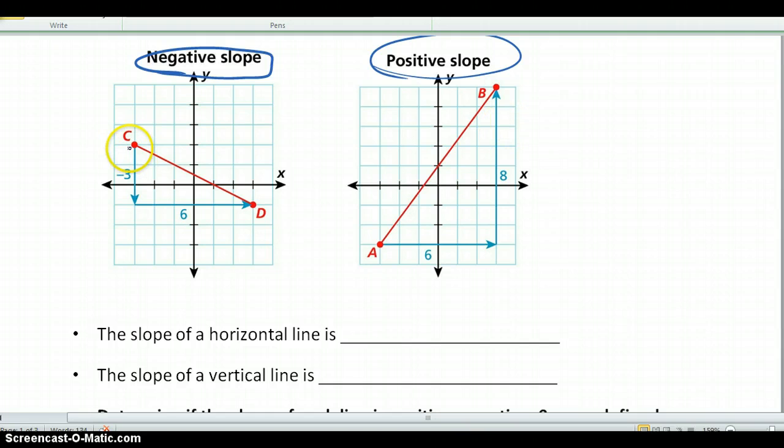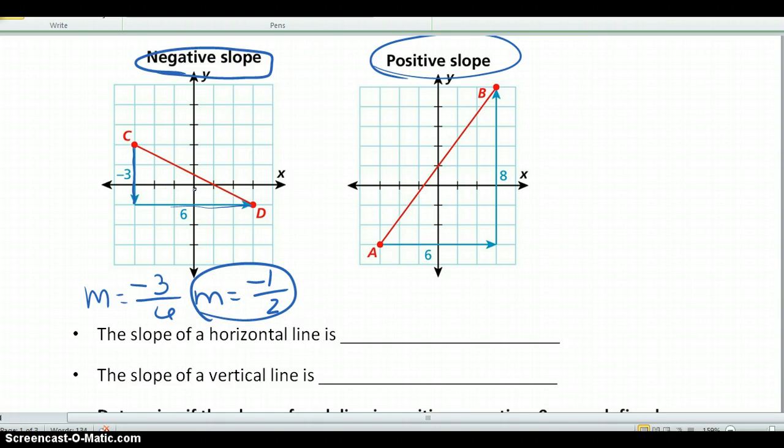The slope of this line, the vertical change is 3, or negative 3 because you're going down, and over the horizontal change, which is 6. So the m equals negative 3 over 6, which reduced would equal negative 1/2. So the slope of that line is negative 1 over 2.